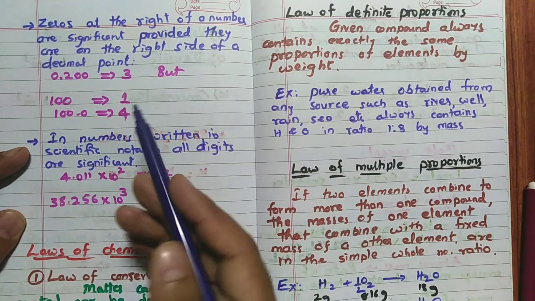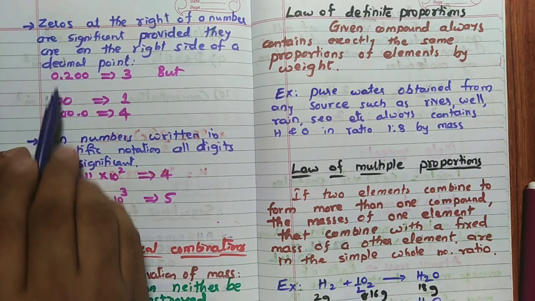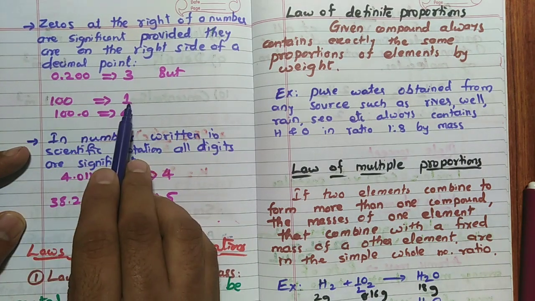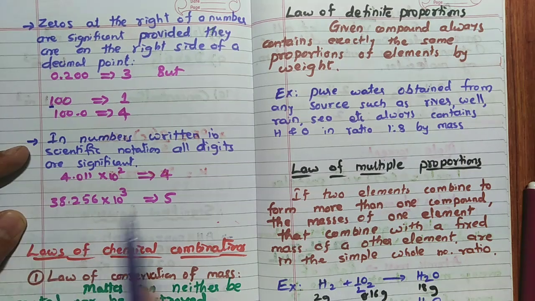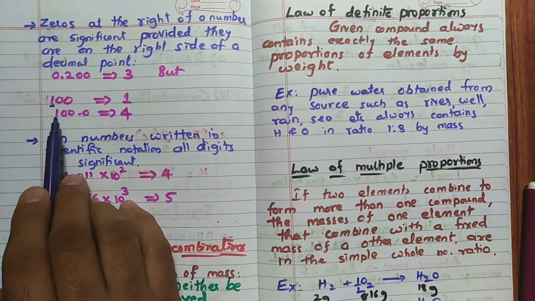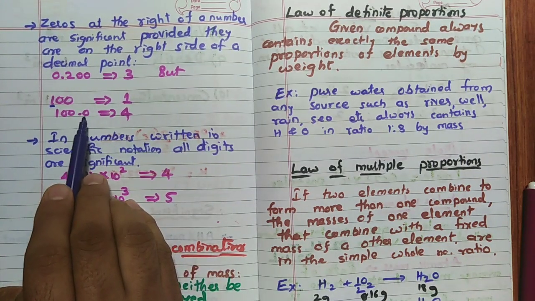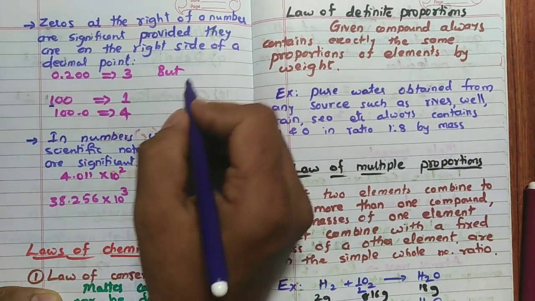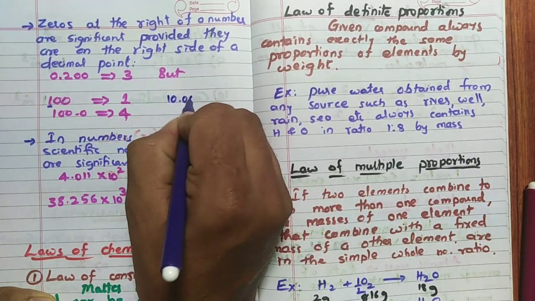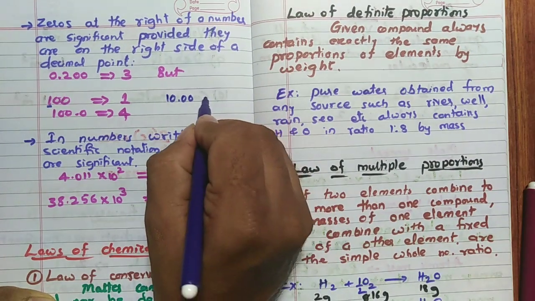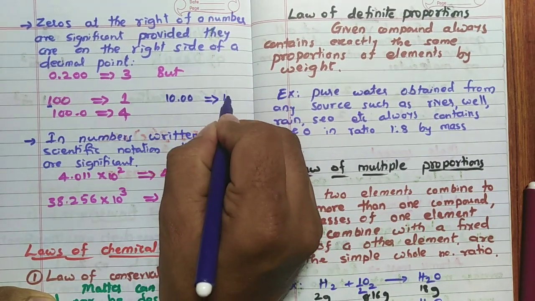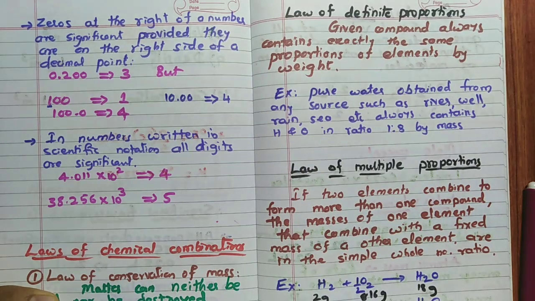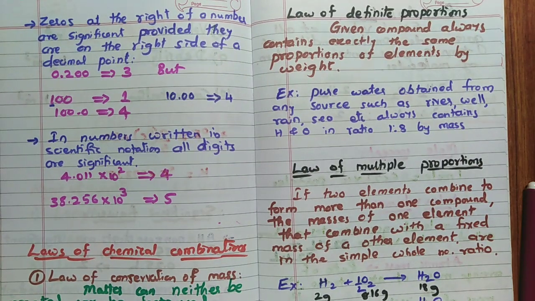But if there is no decimal point present, like 100, then that is only 1. We will consider only 1 as significant figure. If I write 100.0, then I have to consider 4 significant figures. For example, 10.00, I have to consider this as 4 significant figures, remember. So like this, significant figures can be calculated.